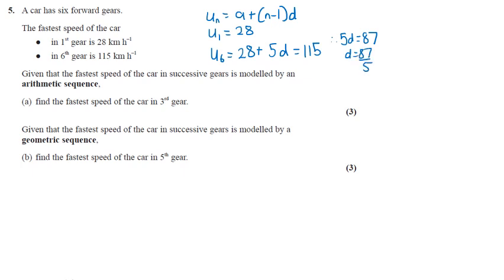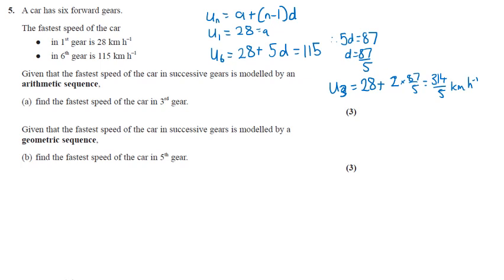So then find the fastest speed of the car in 3rd gear. So u3 is the first term, 28, plus n minus 1, so that's 3 minus 1 is 2, multiplied by d, which was 87 over 5. And if you put all that together, you get 314 over 5 kilometers per hour.